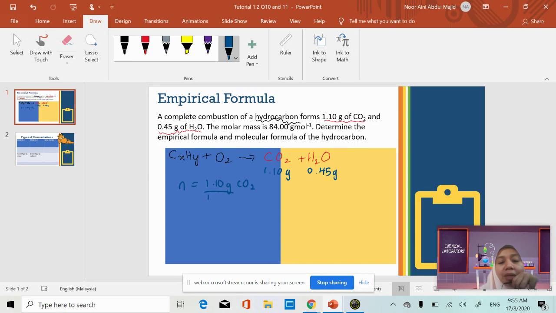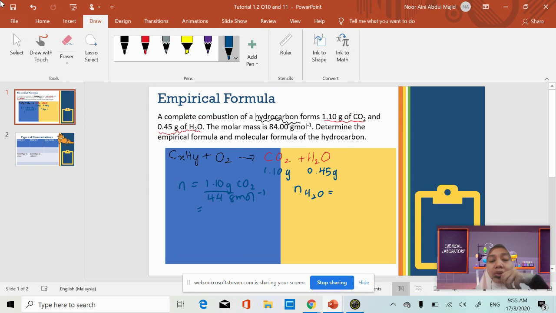What's the molar mass? Mass over molar mass. The molar mass is 44 gram per mole. You can calculate the value yourself. By right, you should get it to be around 0.025.